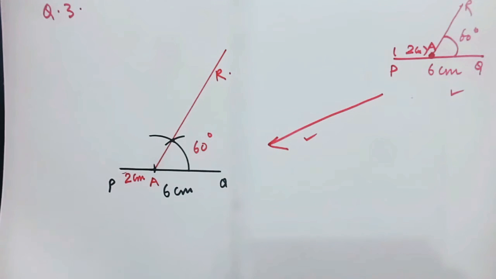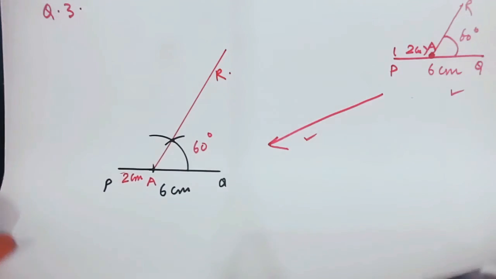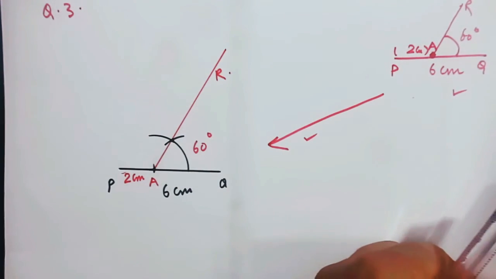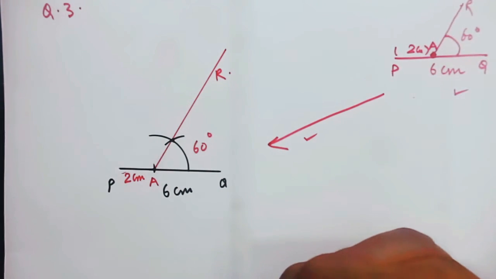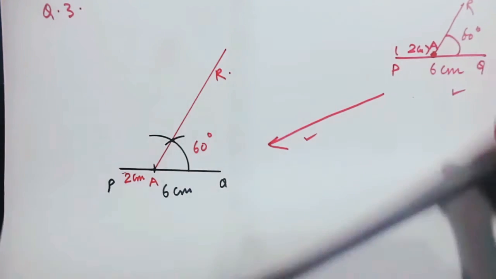Let's move on to the next one. In the next one, they are saying, draw a line segment AB equal to 8 centimeter. Again, in number 4, as I said, before we start, we need to draw a rough diagram.